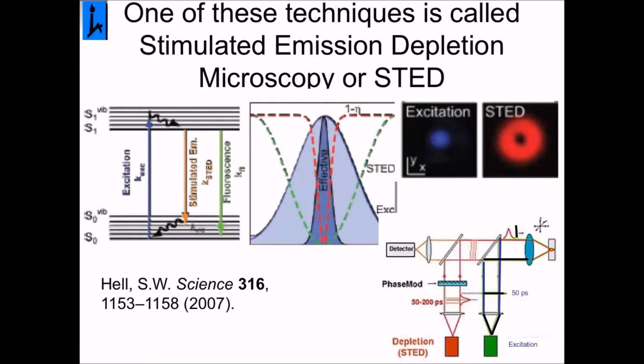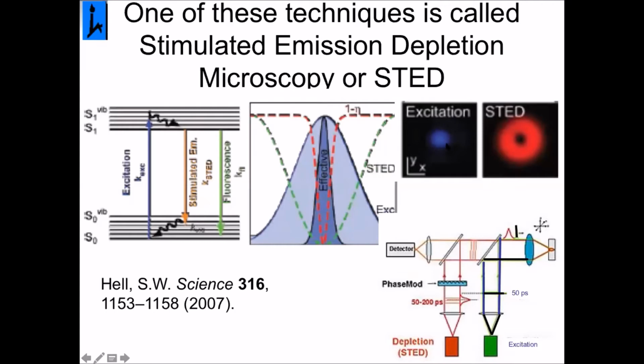STED is very interesting because you have two beams. Say a blue beam that excites a fluorescent molecule in a sample. And then at the same time you have a red beam, called the depletion beam, that depletes the molecule in all regions other than the center. So it's like a donut.